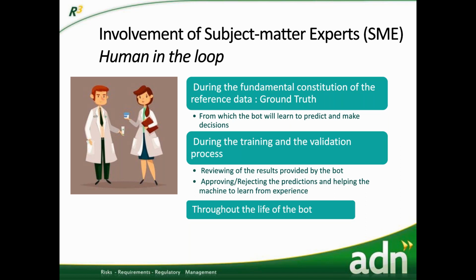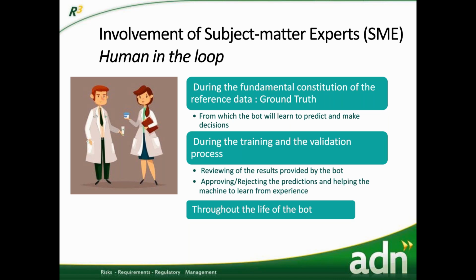For example, the involvement of subject matter experts, what we sometimes call human in the loop, is very important. For example, the constitution of the reference data, what we call the ground truth. This is some kind of gold standard of the data, provided as, for example, benchmark data from which the bots are learning.